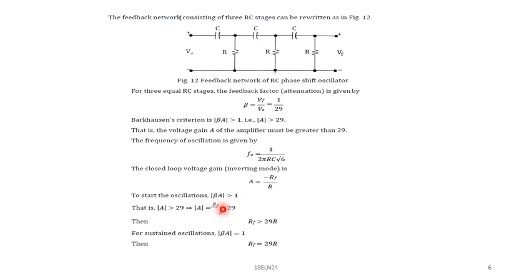Then from this equation I can write RF should be greater than 29 into R. Now for sustained oscillation, magnitude of beta into A should be equal to 1. Therefore I write RF is equal to 29 into R.